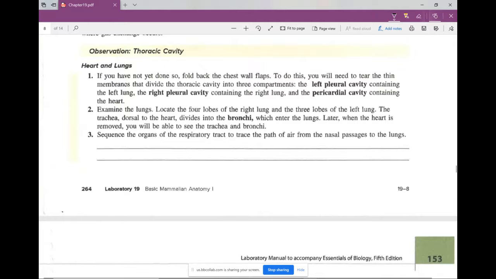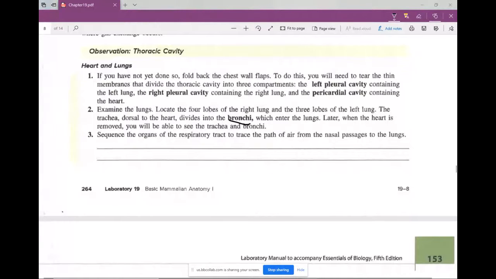Examine the lungs. Locate the 4 lobes of the right lung and the 3 lobes of the left lung. The trachea, which is dorsal to the heart, so it runs behind the heart, divides into the bronchi, which enter the lungs. Later, when the heart is removed, you will be able to see the trachea and the bronchi.